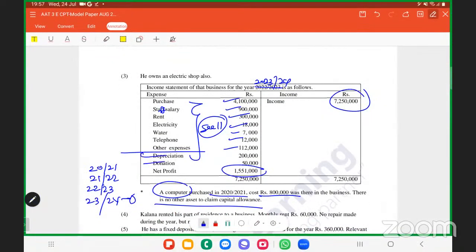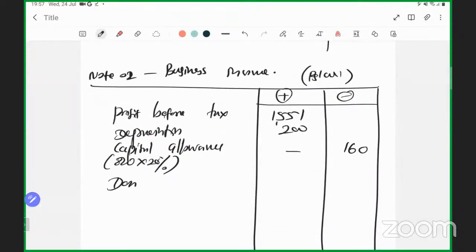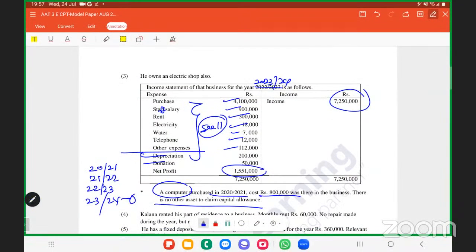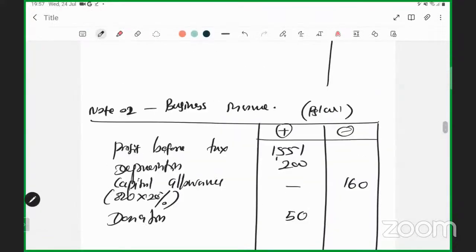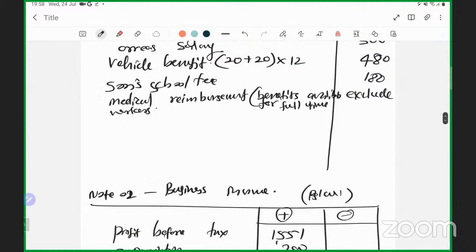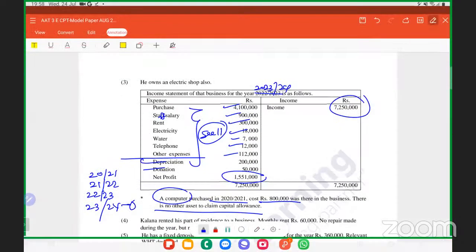Any other? The donation is there, 50,000. Any donation you cannot deduct from the business income. 50,000 you can add back. This donation you can deduct from the qualifying payment if you want, but here you cannot deduct. Why? Because they have not given whether this donation was made to an approved fund or any government institute. Therefore, we cannot deduct this 50,000 as a qualifying payment, because they have not given the proper information.